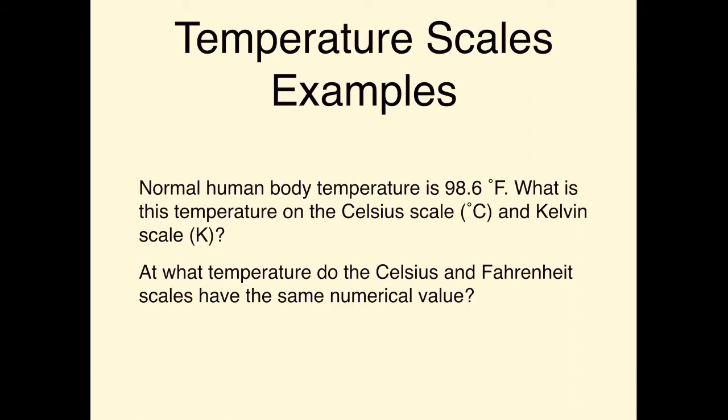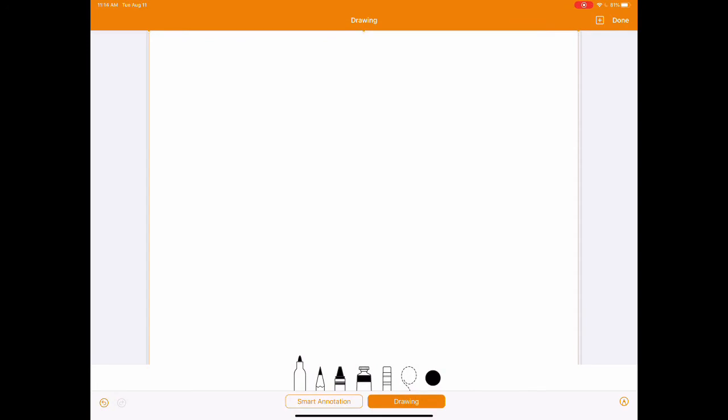So again, pause the video for a second and see if you can work these out, and then we'll get to the solution. Okay, so there are two questions here. The first one is about normal human body temperature, and we want to convert that from Fahrenheit to Celsius.